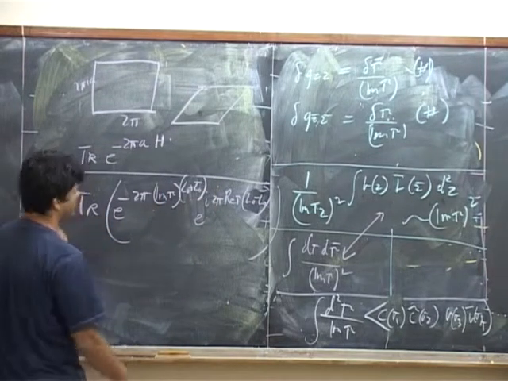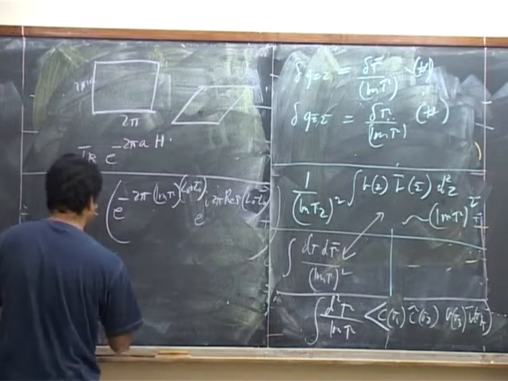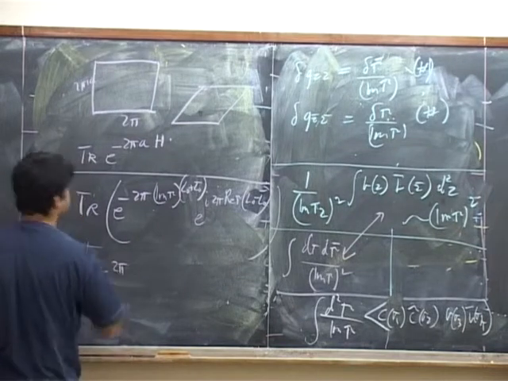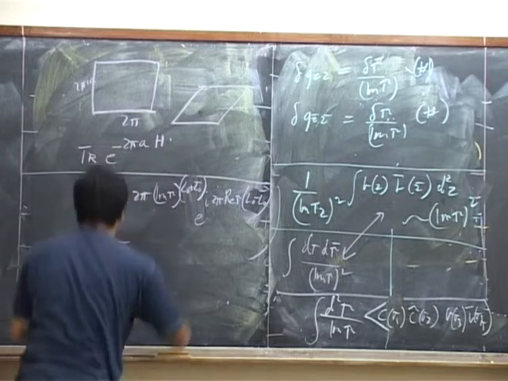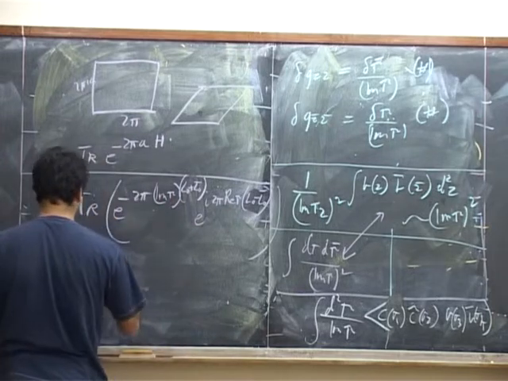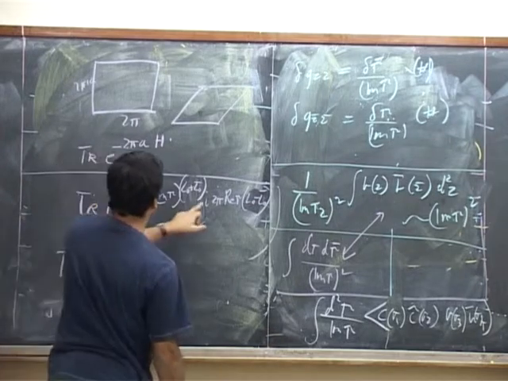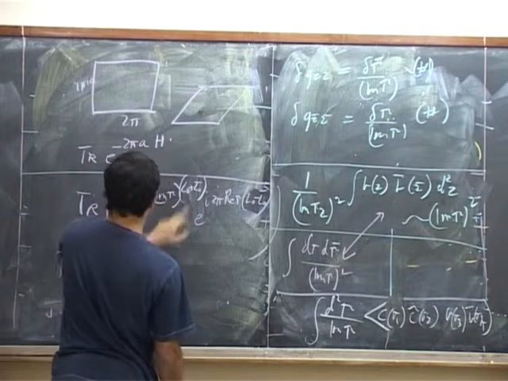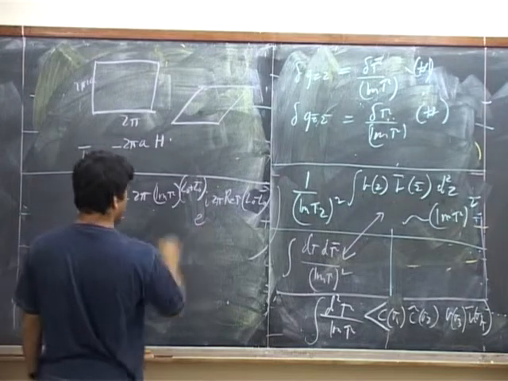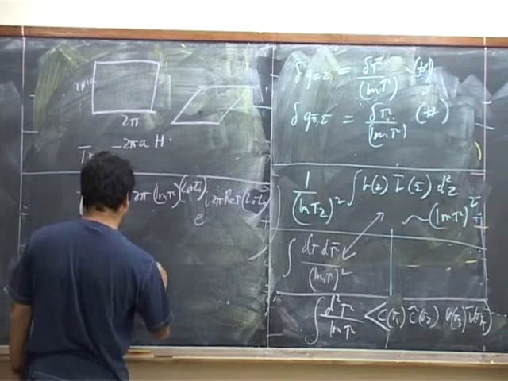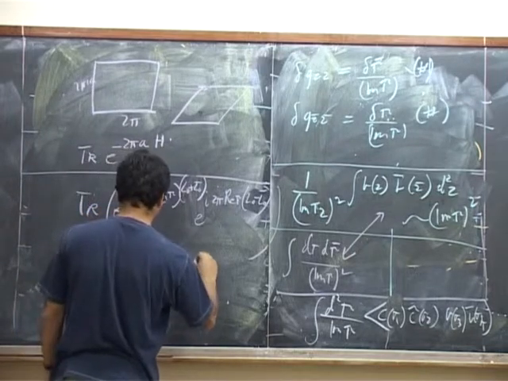Okay? So let's combine this up. So what do we get? We get the trace of e to the power minus 2 pi, and then let's take the L0. So that's L0 into, let's put 2 pi, I times the real part of tau minus the imaginary part of tau.